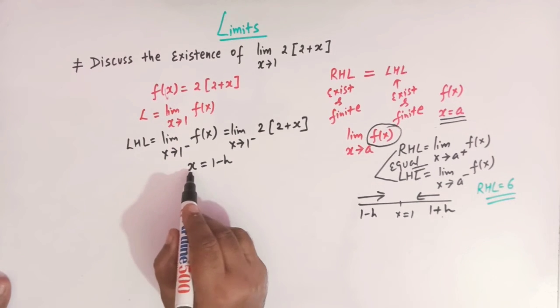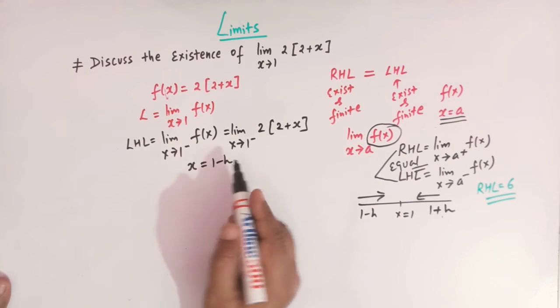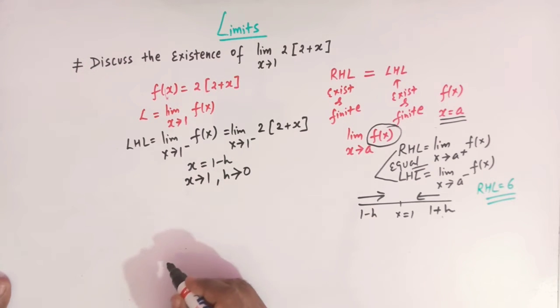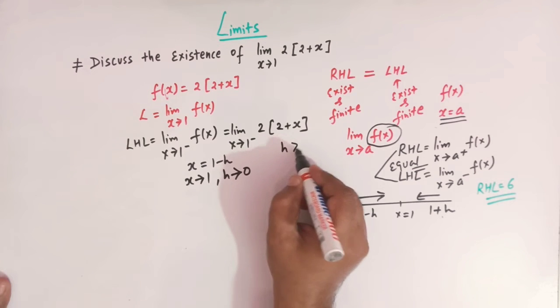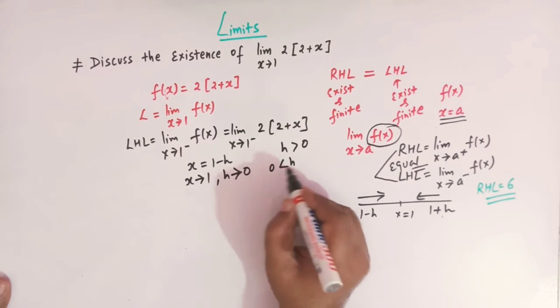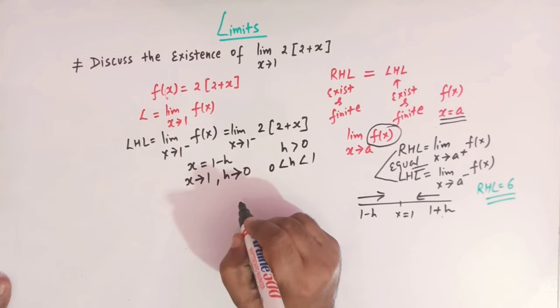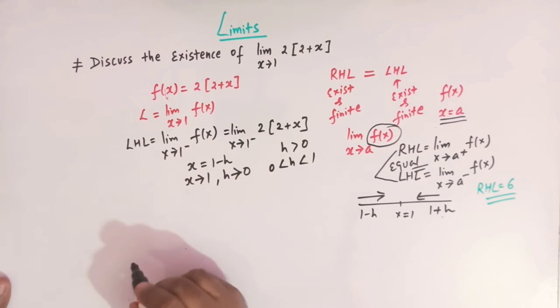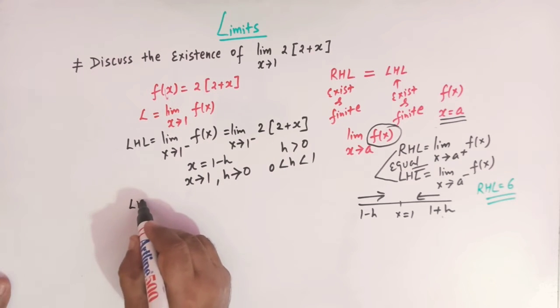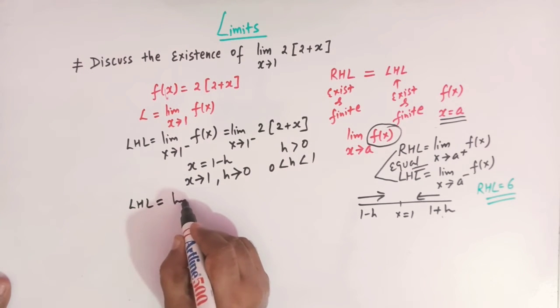So now here x is equal to 1 minus h. So when x tends to 1, obviously h tends to 0, and moreover h is greater than 0, that is h is greater than 0 but less than 1, right? So h lies between 0 and 1, and h is a very small quantity, right? Okay, so now here the left hand limit can now be written as limit.